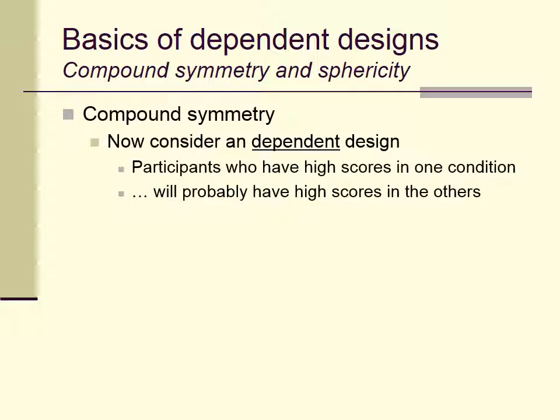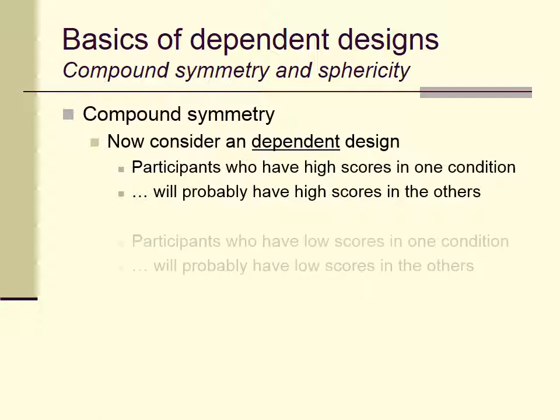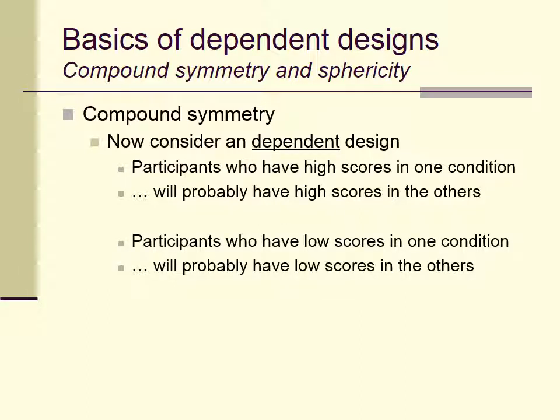So again, just to illustrate that point, in a dependent design, we expect that participants who have particularly high scores in one condition will probably have somewhat higher scores in another condition, and people who have particularly low scores in one condition will probably tend to have low scores in the other conditions. That's the idea of the covariation or the correlation.